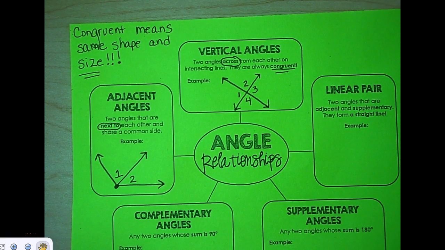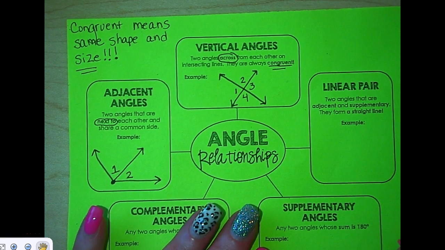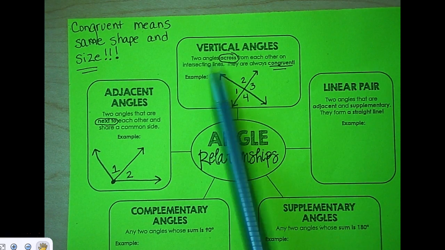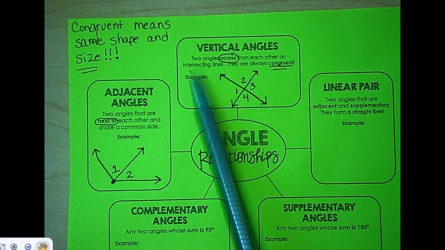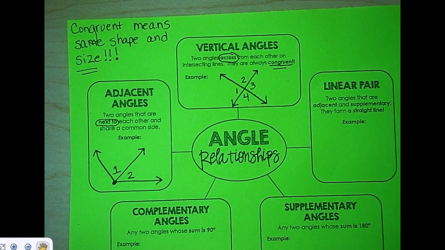Can someone name a pair of angles that would be vertical angles? Read the definition again and tell me 2 of them that would be vertical angles. Vertical angles are across from each other on intersecting lines. They are always congruent.